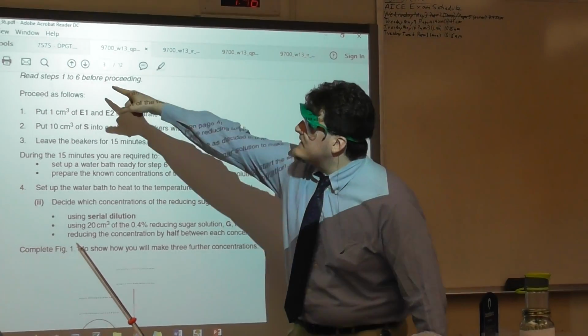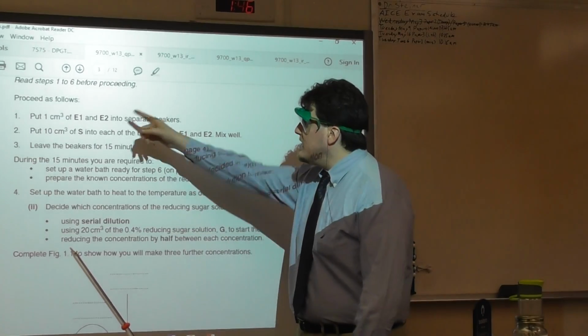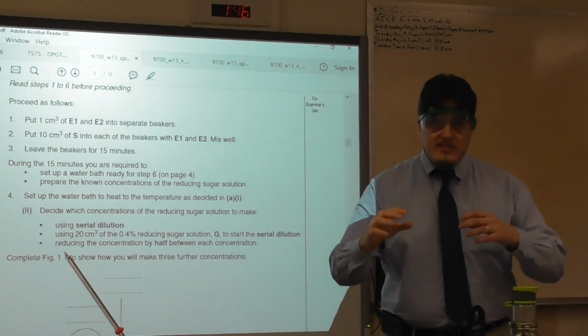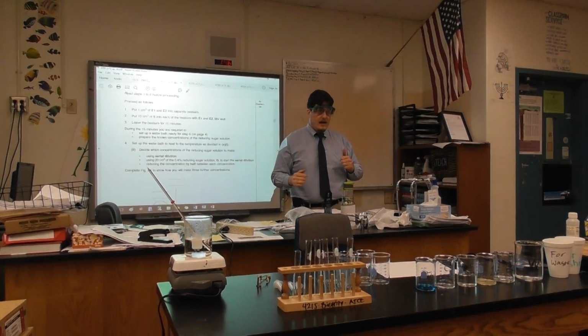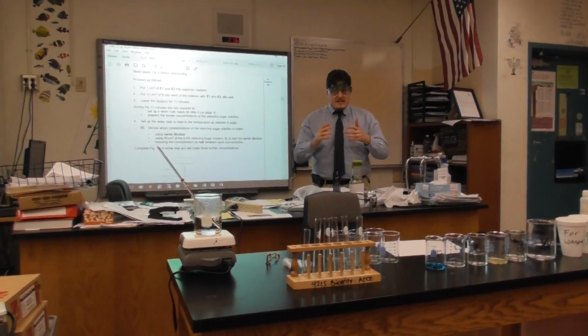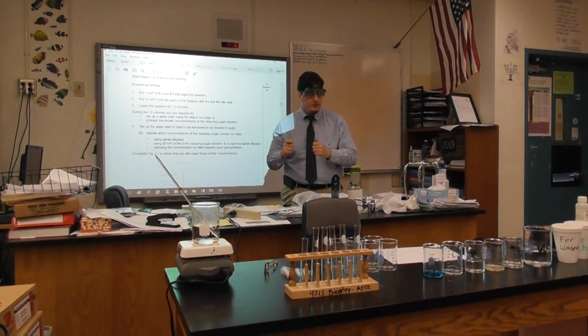So read step 1 to step 6 before proceeding. Proceed as follows. Put 1 cubic centimeter of E1 and E2 into separate beakers. Notice how I'm standing over here, and my reagents are over there. On the test day itself, I'm going to be standing with my reagents with a paper in front of me.